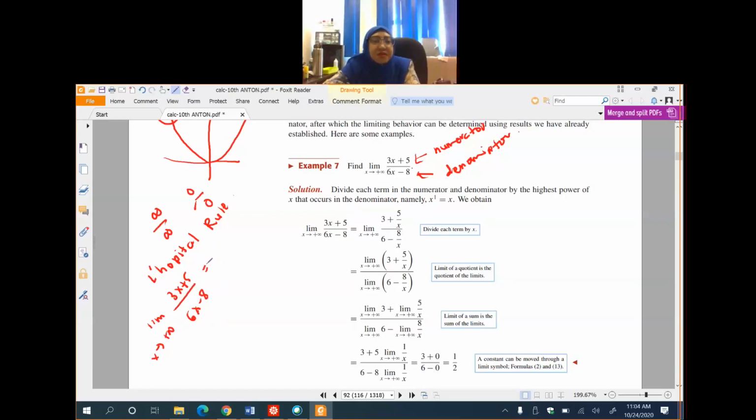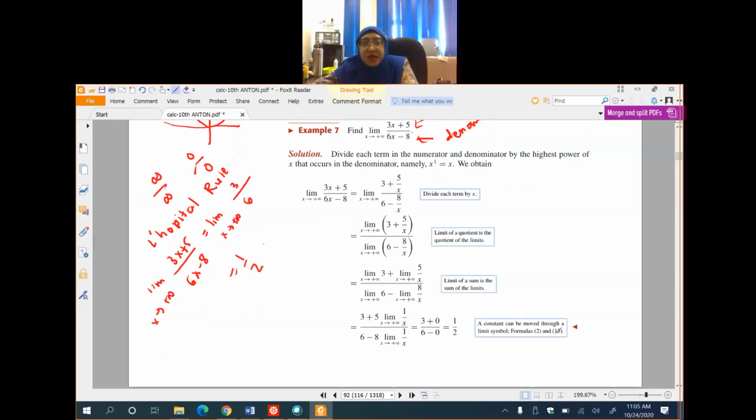L'Hopital's rule says you can differentiate the numerator and denominator: the derivative of the upper part is 3, divided by the derivative of the lower part, which is 6, as x tends to plus infinity. This is just a constant, so the answer will be just 1/2.